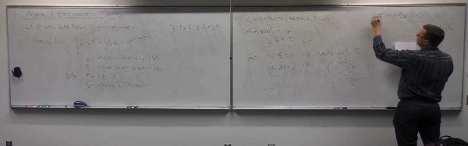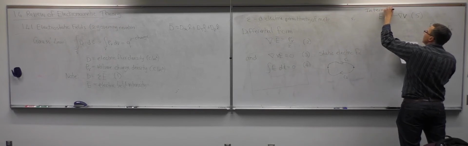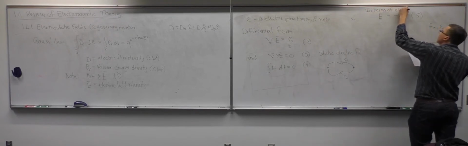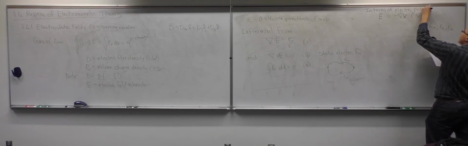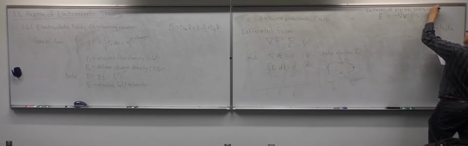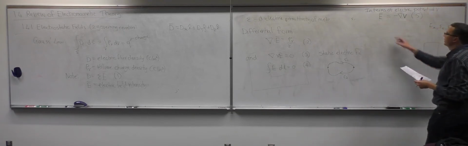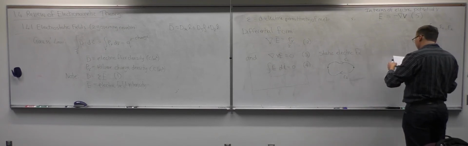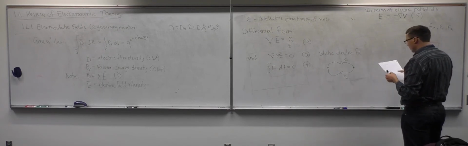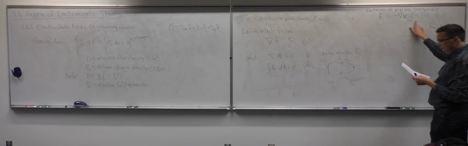So in terms of electric potential V, we can write the electric field intensity. This is 5.